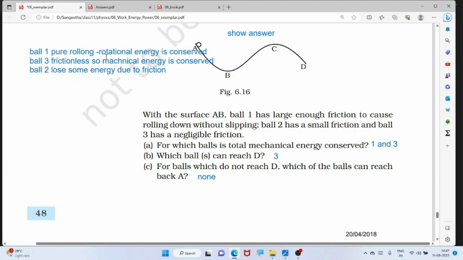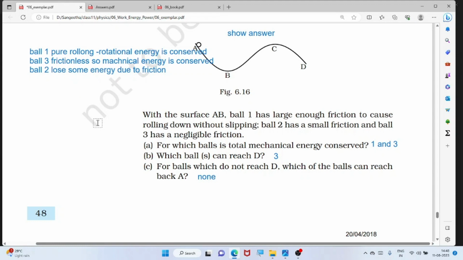Ball 1 has pure rolling without any slipping, so the energy is conserved in both 1 and 3. But for ball 2, there is a friction, there is an energy loss. Which ball will reach D? Ball 3 will reach, because for ball 3 there is no friction at all.